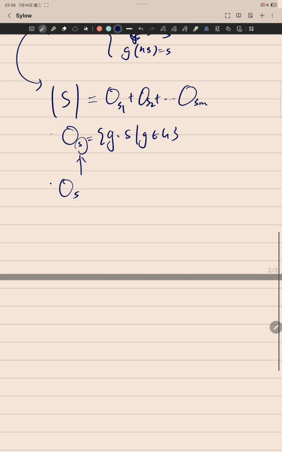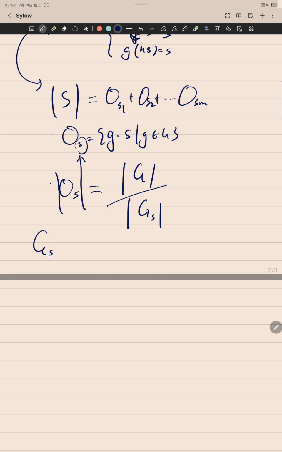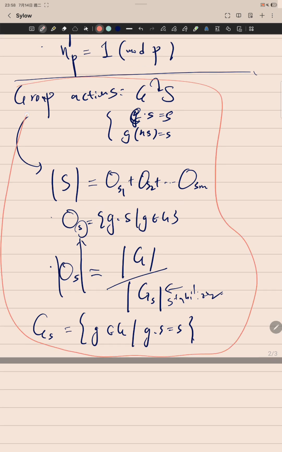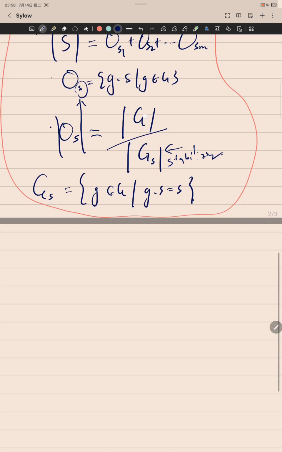And the more interesting fact is that the orbit O_s can be identified with the size of G divided by the stabilizer G_s, where G_s is the set of group elements that fix s. This is called the stabilizer. So all you need is this tool. These are tools that you should know.